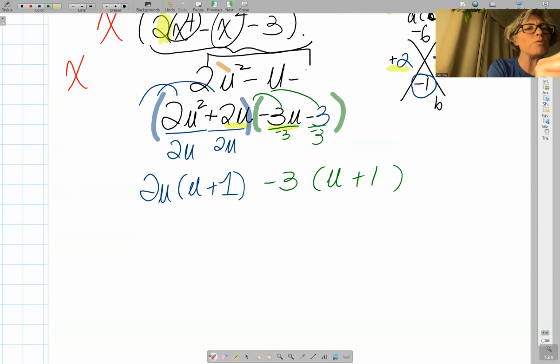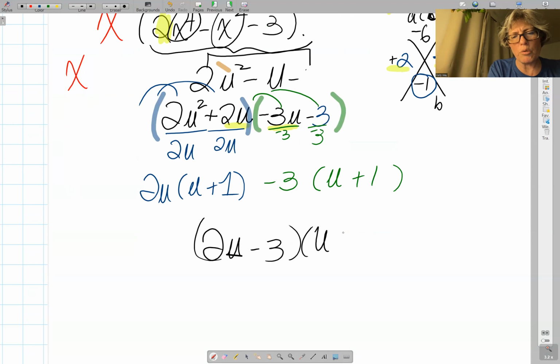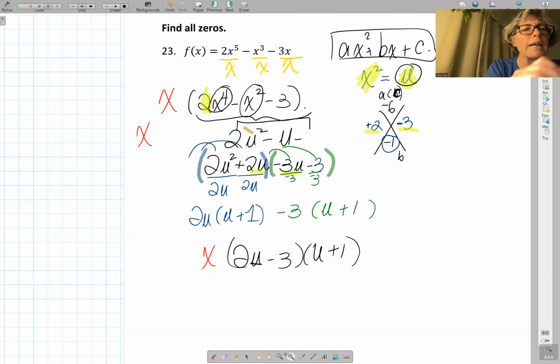So we do our final grouping. We have 2u minus 3 times u plus 1. I'm going to bring down this x. Now we're going to take back in our u being replaced by x squared.